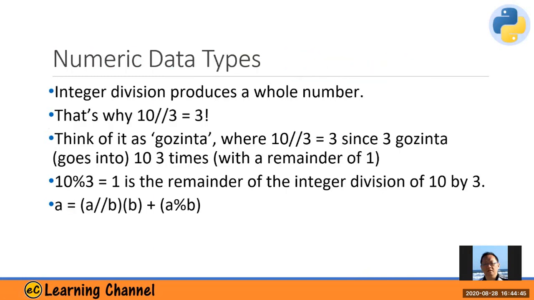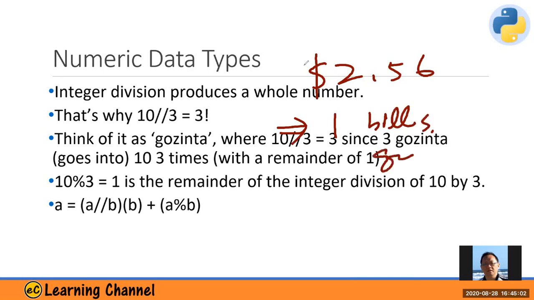Let's try to write a program right here. So let me give you $2.56. Can you tell me how many $1 bills, how many quarters, how many dimes, how many nickels, and how many pennies?